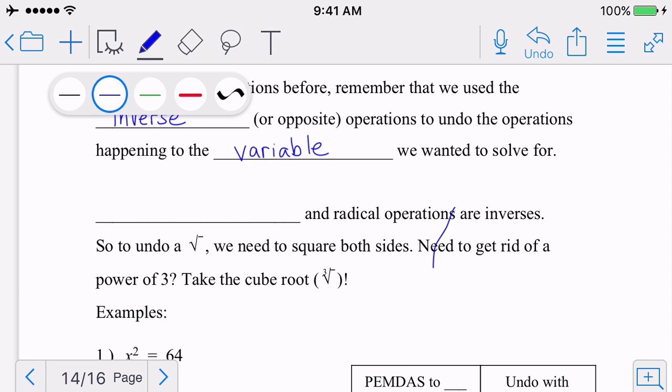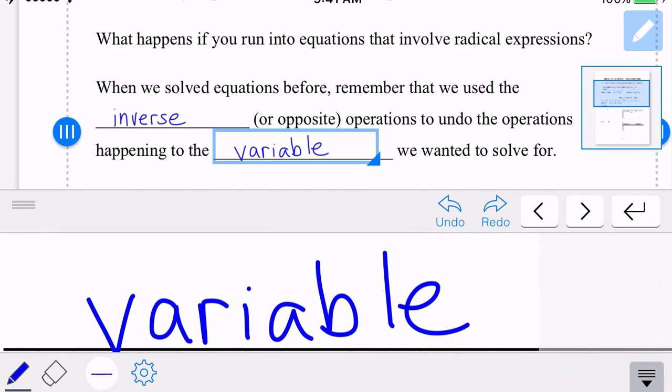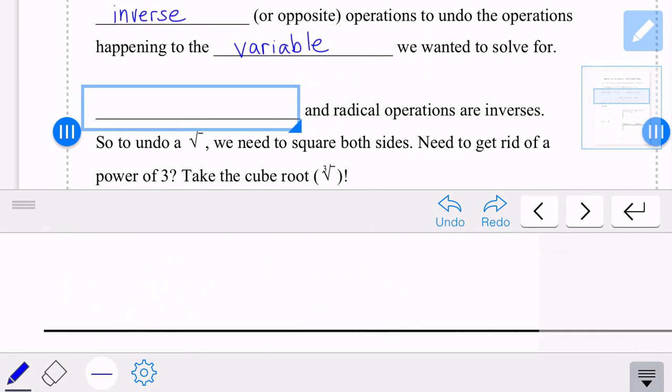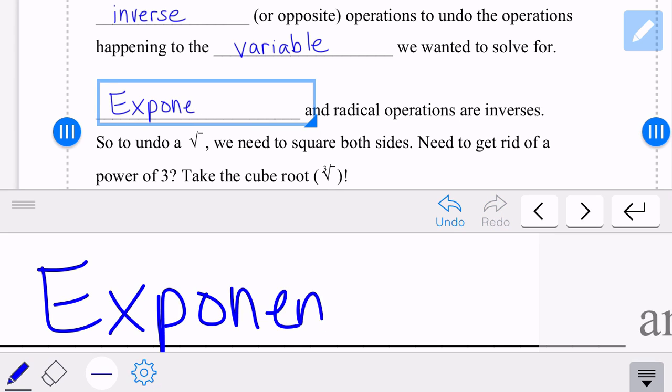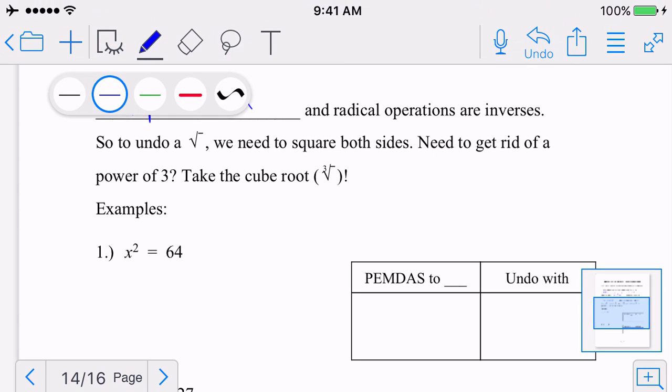So what we know right now is that exponential and radical operations are inverses.